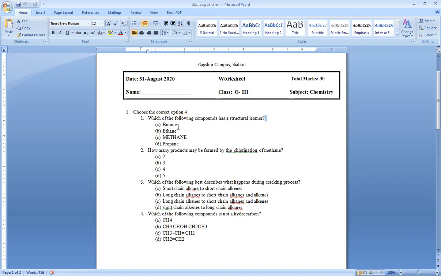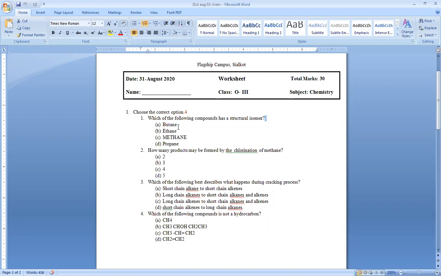We studied why the alkanes are inert and how they undergo the substitution reaction. So you have to focus on the substitution reaction of methane by the halogen chlorine, and after that you have to tell us what number of products will be obtained.